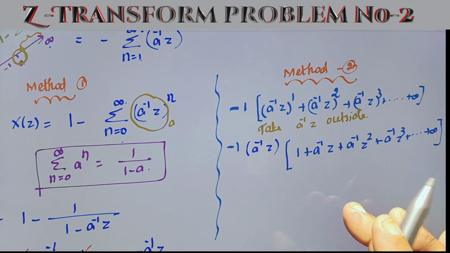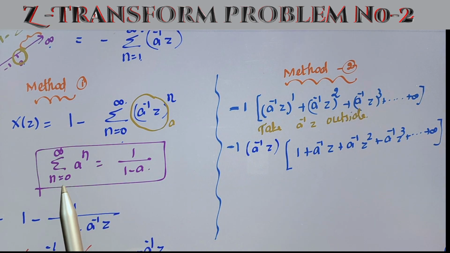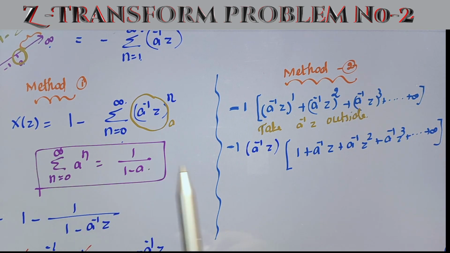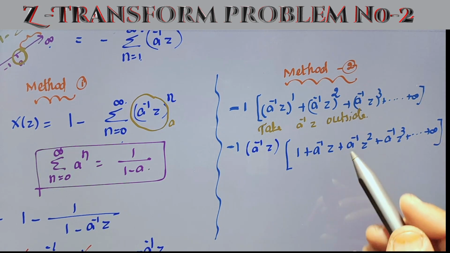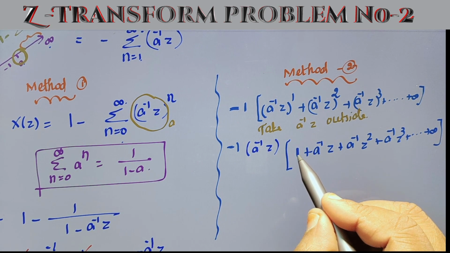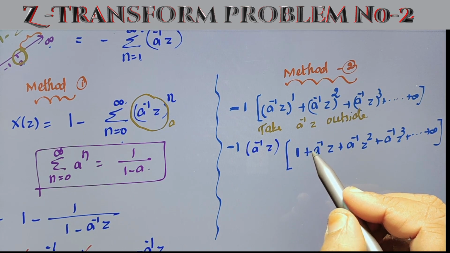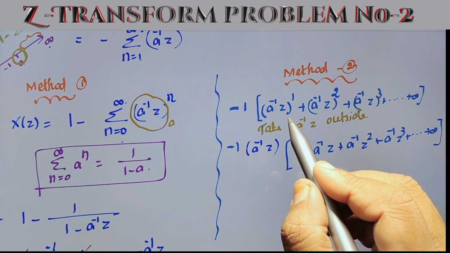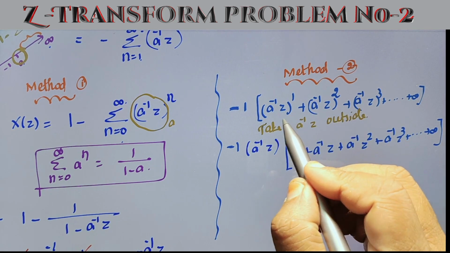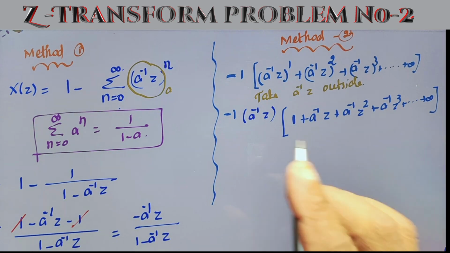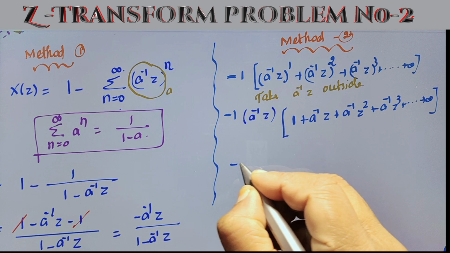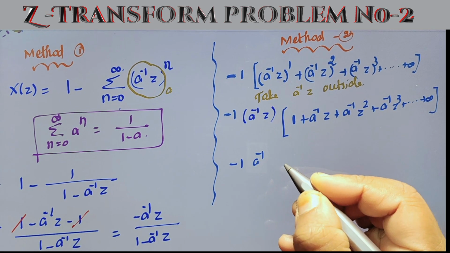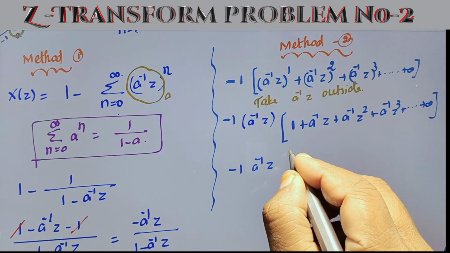Why? Because as per the formula, here the summation n equal to 0 to infinity, the formula starts from 1, okay, because here we need 1. So, according to the formula, you have to convert the statement. So, take the common term a inverse z to the outside. The final next step, minus 1 a inverse z.